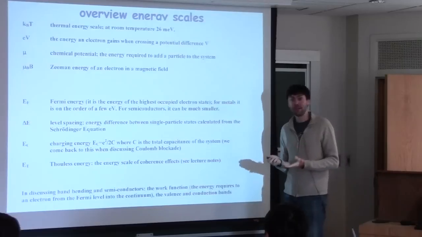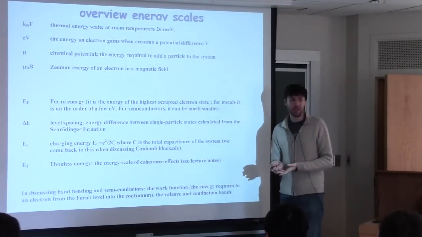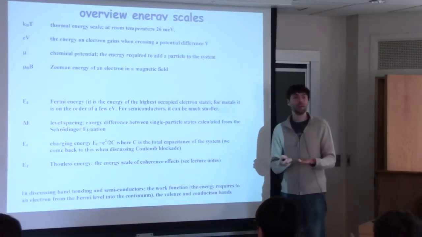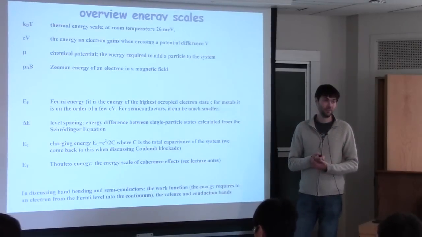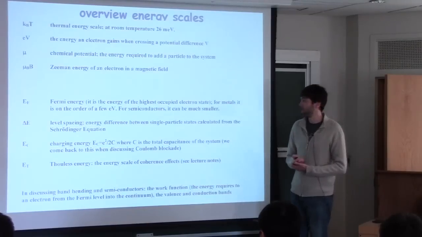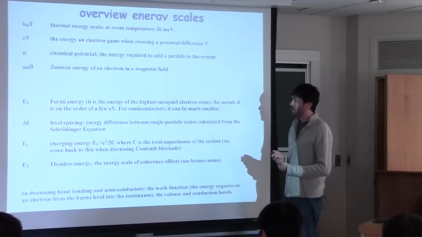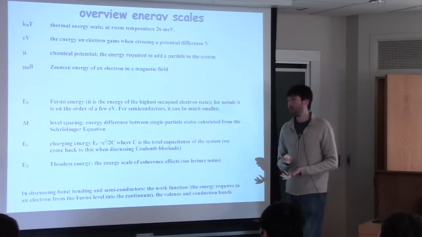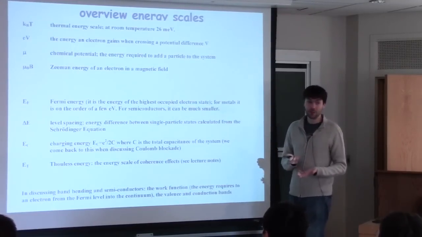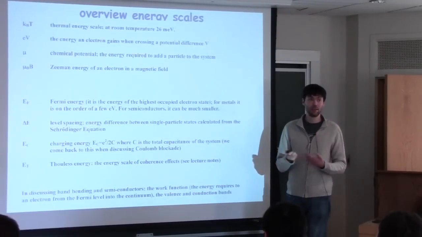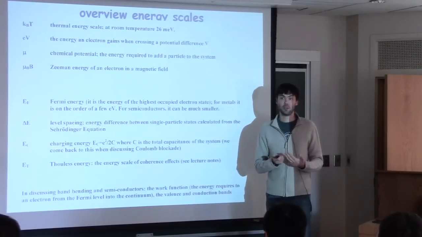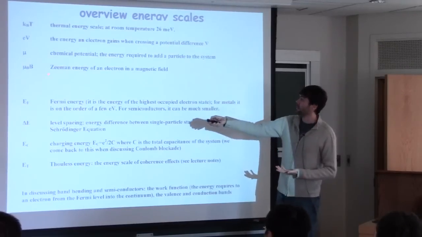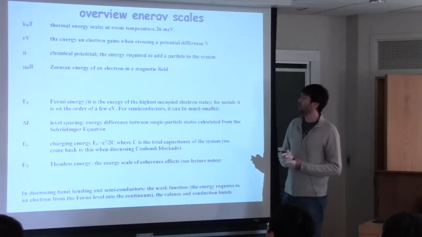If we are dominated by Coulomb energy, by charging energy, then that would be the chemical potential that you have to pay. But we might also be dominated by something else. For example, if we apply a very large magnetic field, it could be that the chemical potential is determined by Zeeman energy if our particles have spin. So that's where this one comes in.